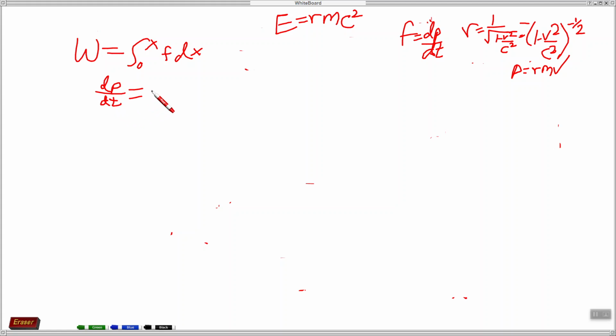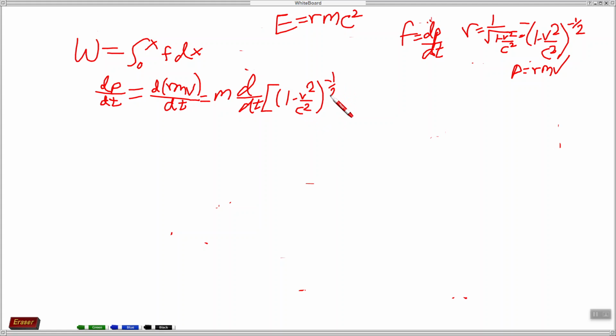Now we're going to start off with the formula dp over dt. We're going to expand the momentum formula, so it's d(gamma mv) over dt. The rest mass is constant, so we're going to take the m out and then do d over dt. Put the rest in brackets, so (1 minus v squared over c squared) to the power of negative 1/2 and v.